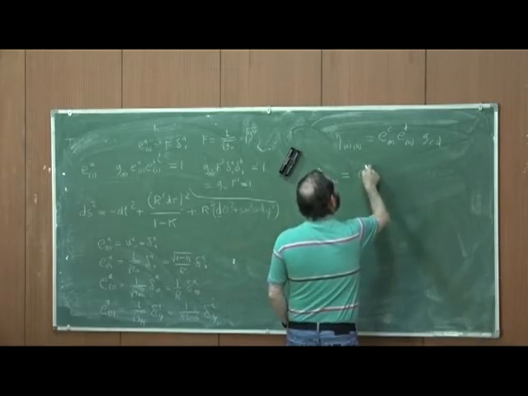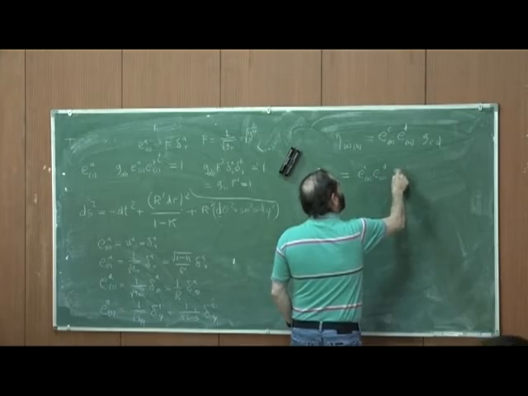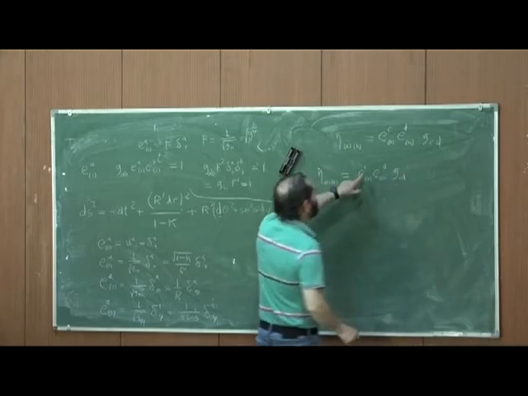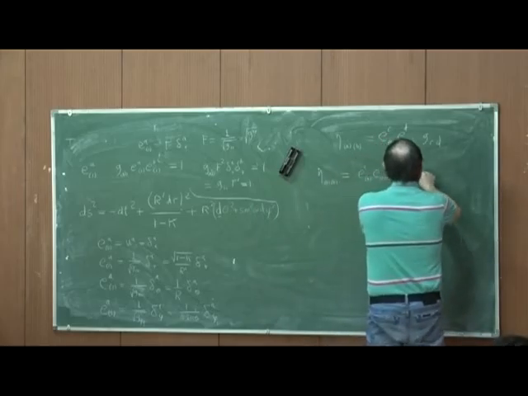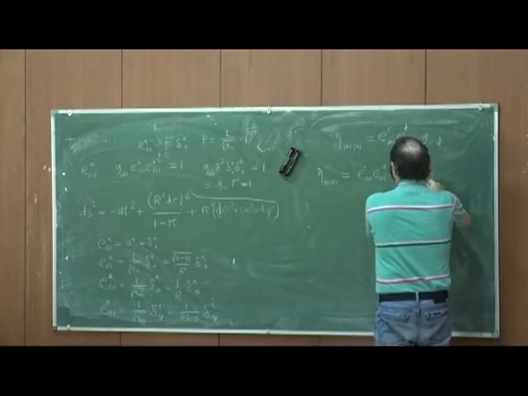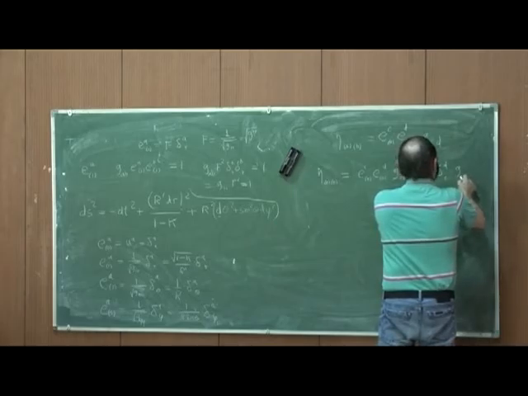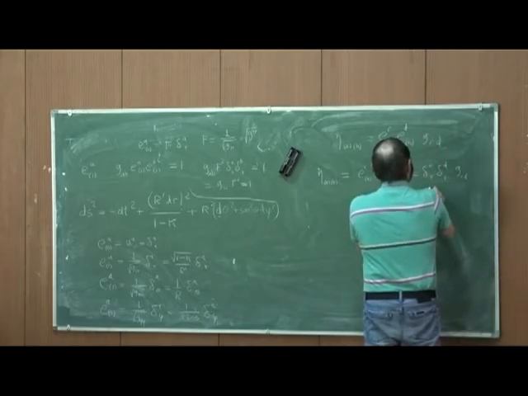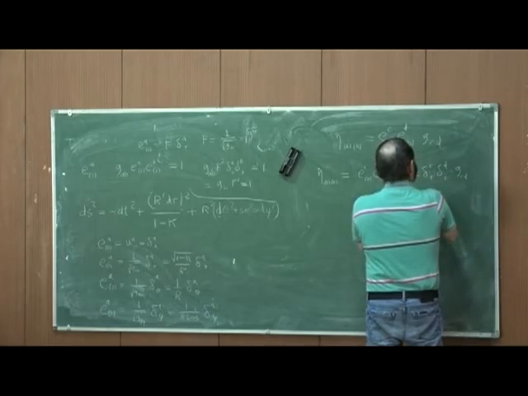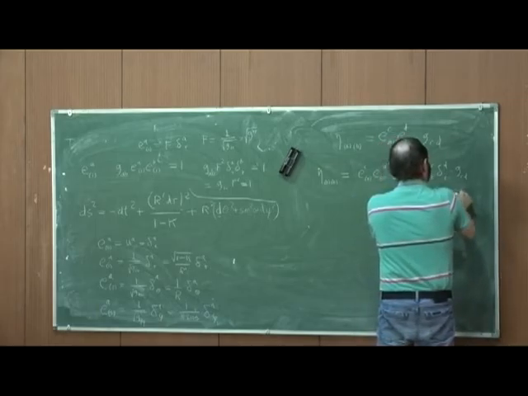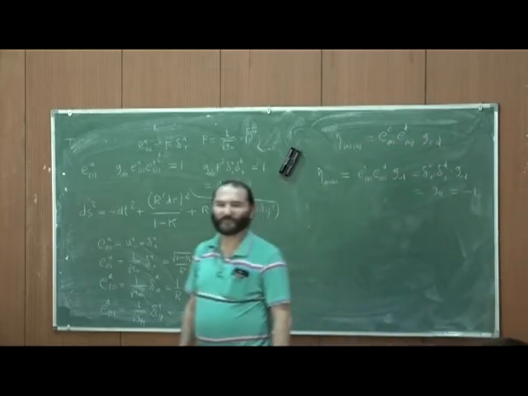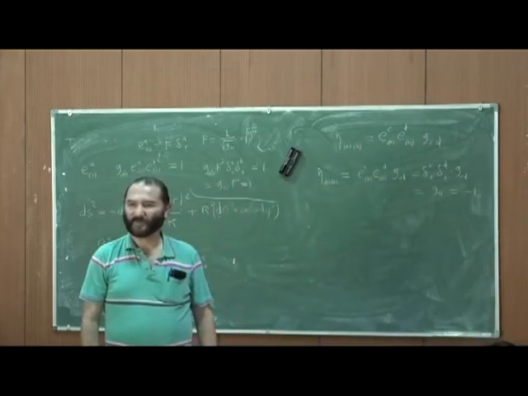See, it's E, C, 0, E, 0, E, G, C, D. But this is simply delta, and this is simply G, because -1, right? Okay.